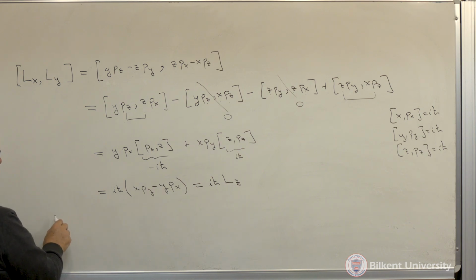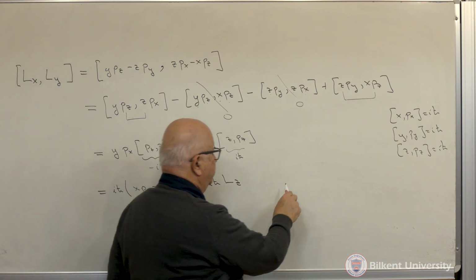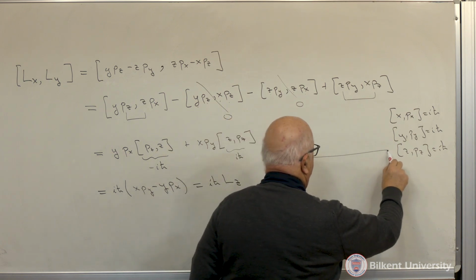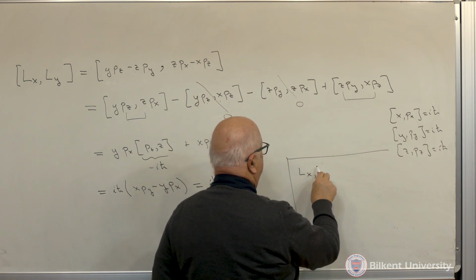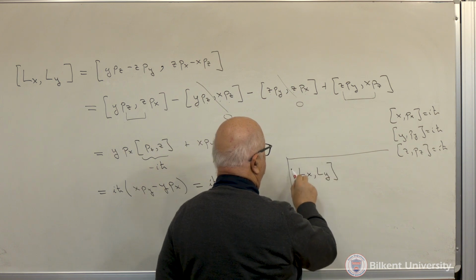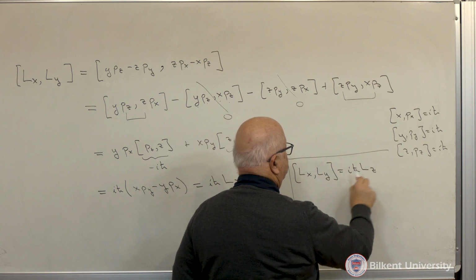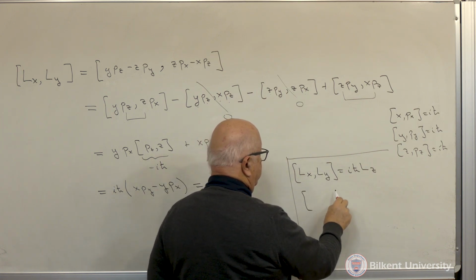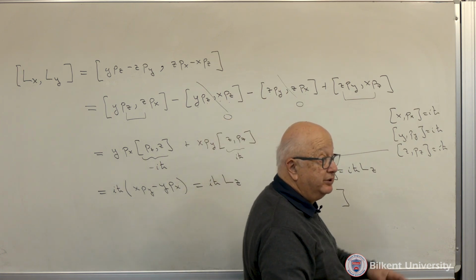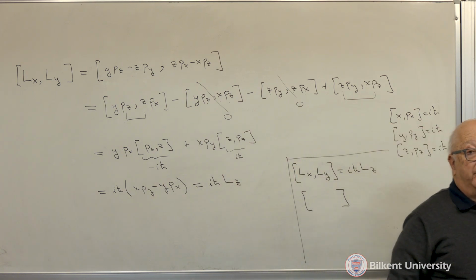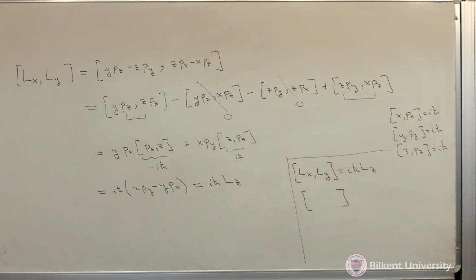So let me just make a small table here. Lx commutator with Ly is going to be i h bar Lz. Now, the others I don't really have to calculate because these are 3 orthogonal directions, right? And they are related to one another just by a simple rotation. So if x goes to y, y goes to z, z goes to x, I should get the same thing, okay? Space is isotropic.